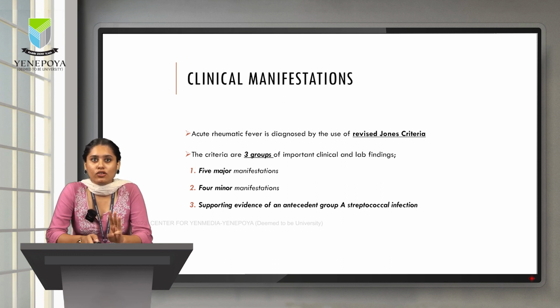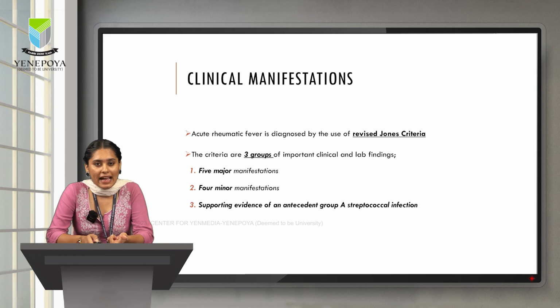So there are three main groups which have to be looked into whenever we are seeing the Jones criteria. That is, there are 5 major manifestations, there are 4 minor manifestations, and you have to also look into the supporting evidence of an antecedent group A streptococcal infection.